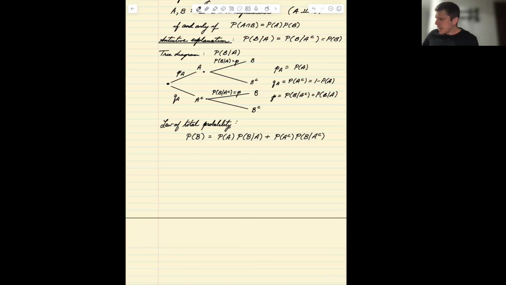And we've assumed that these conditional probabilities are both the same; we've assumed they're both P. All right, let's do it this way. So this is P.